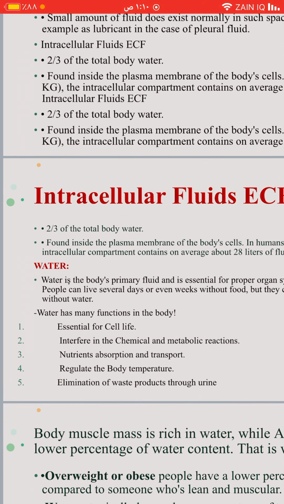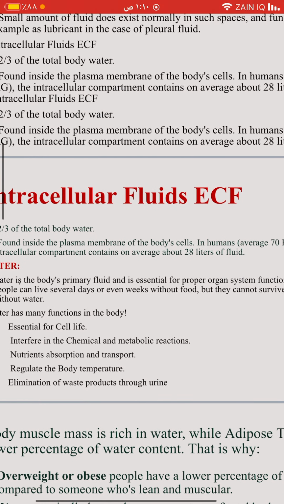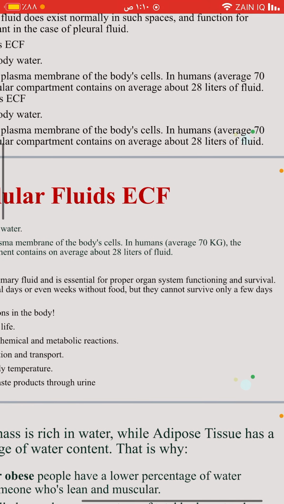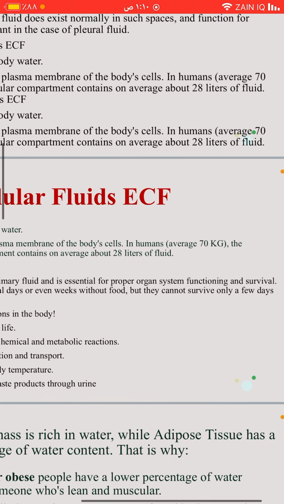Water is the body's primary fluid and essential for proper organ system functioning and survival.